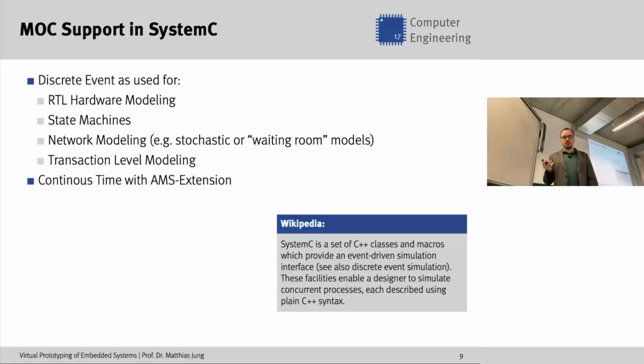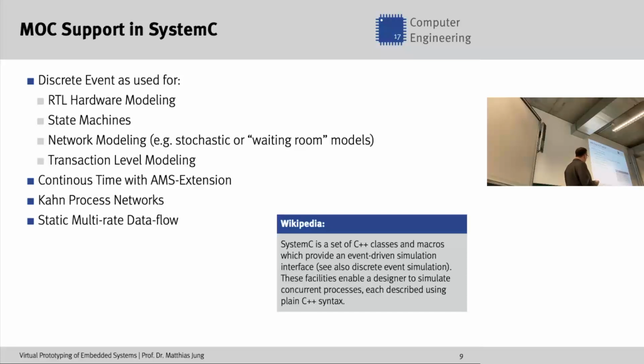Continuous time with System C AMS, you can also model continuous time. You can model Kahn process networks. I think that's even part of an exercise. You can model data flow systems. That's also interesting. We will talk about that as well.